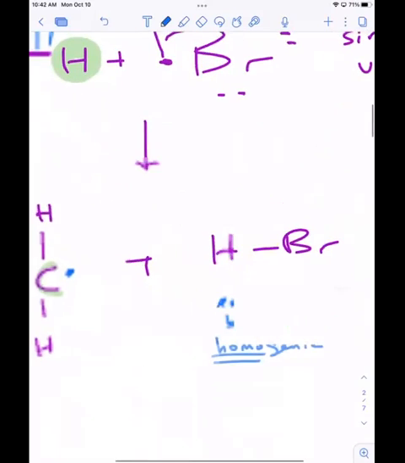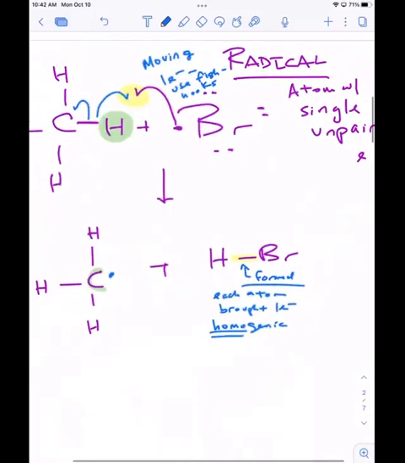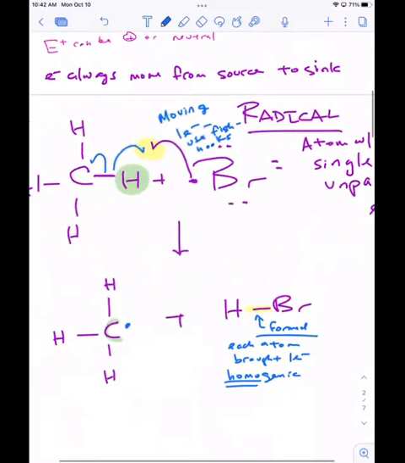What did I break? So the carbon-hydrogen bond, I broke that, right? And each atom took an electron. Is that right? What do you think? What's the term we use for break? Lytic, right? The bond making is homogenic. What is the bond breaking in this case?